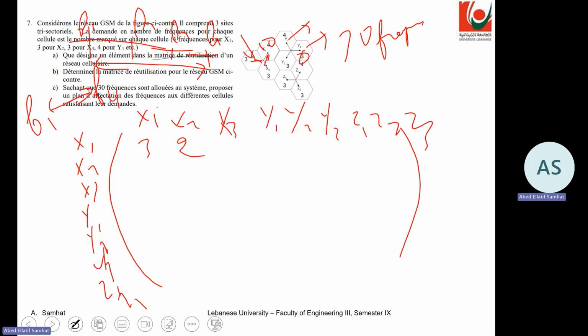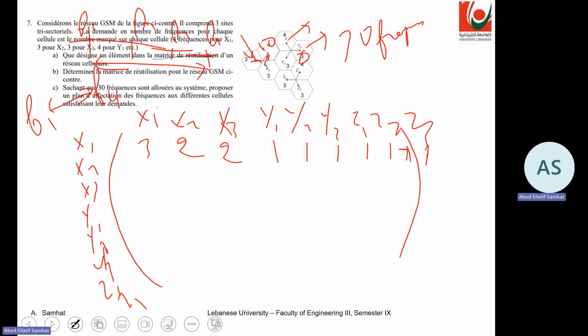For x3 it's also 2. But for the other adjacent cells that are not on the same side, it could be 1. When we say 3, it means we should respect at least 3. If it is 4, 5 or 6, it's okay, no problem.